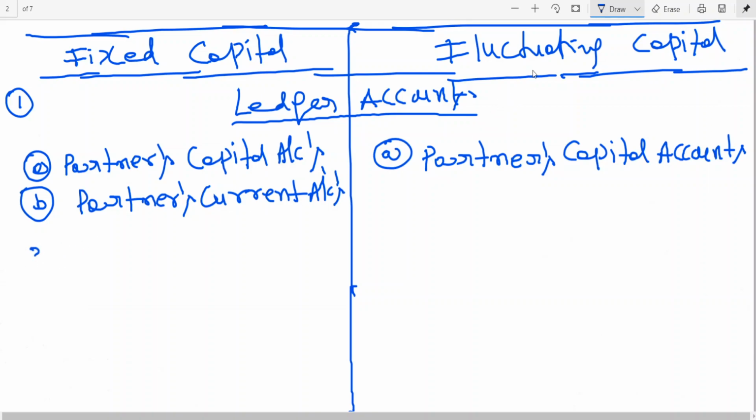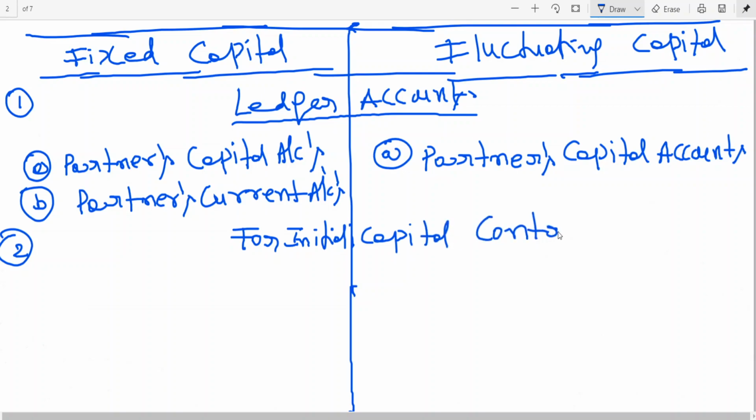Second point: for initial capital contribution.